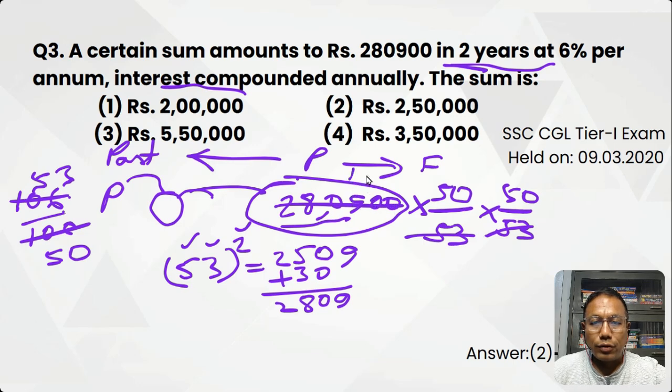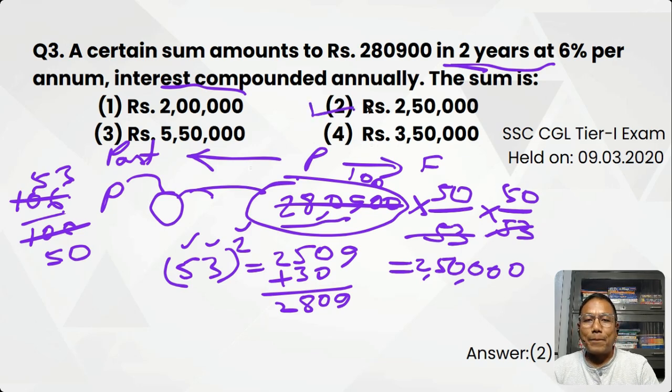We have 2 more zeros. What's the final value? 5 fives are 25. How many more zeros do we have? 1 2 3 4. With 4 more zeros. That is 2,50,000. Option 2 is the right answer.